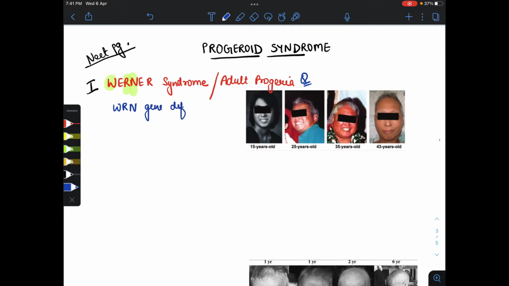This WRN gene is a member of the DNA helicase family. Please remember, it is a previous year question. Werner syndrome, WRN gene defect, and the other name is adult progeria.